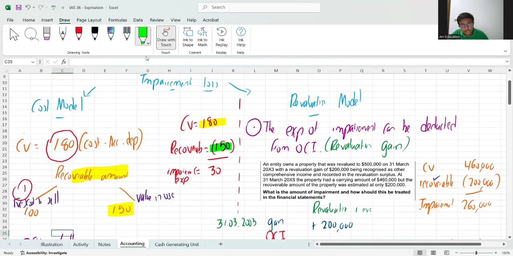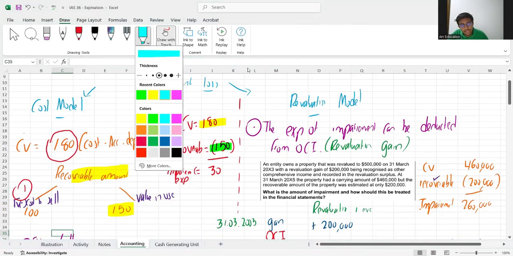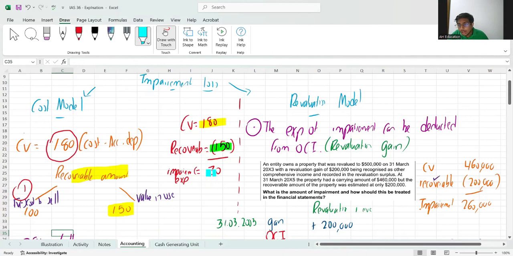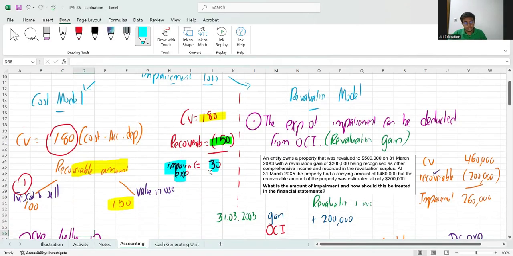Don't y'all think our accountants have overstated the asset by 30? I could only sell it to a third party for 150, but our accountants have presented it as 180. So there is an overstatement. And you all know very well when there is an overstatement, you need to do impairment.